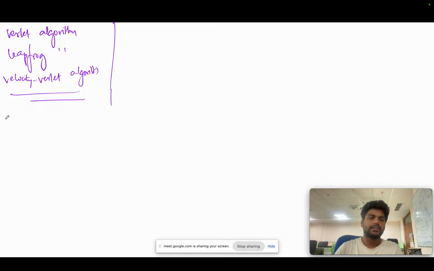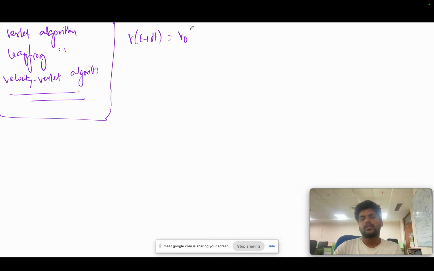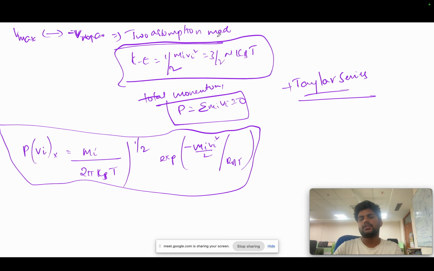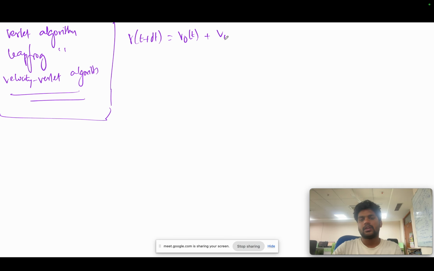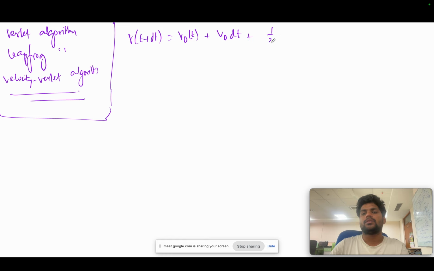if I apply the Taylor series on the B part, the change in time gives rise to, if you see the equation, R naught at t, plus V naught dt, that's the change in time, and then we have order of dt square.